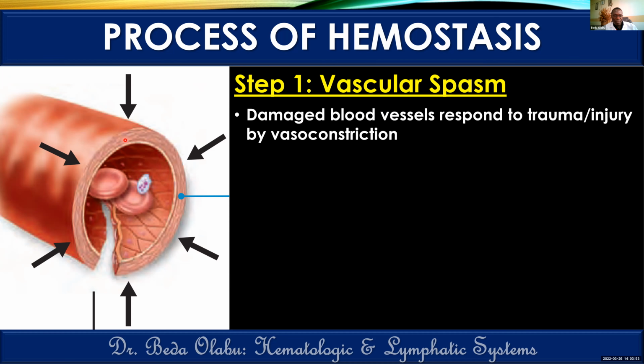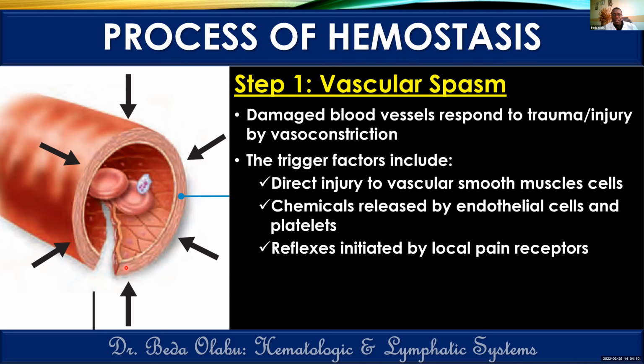Remember, the tunica media of blood vessels contains some smooth muscles. So the smooth muscles within the tunica media of blood vessels will contract in response to injury. And that will make the lumen of the blood vessel narrow so that there's reduced blood flow to that region.